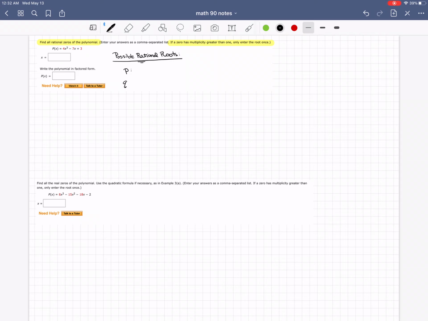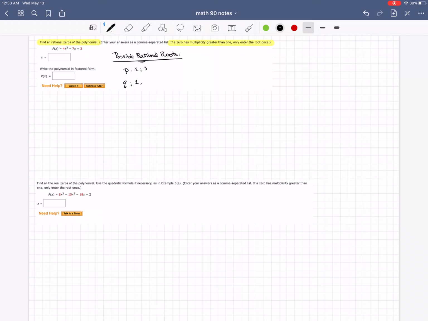So let's look at the factors of the constant. Nicely for us, that's 3, so it's prime, so the factors are just 1 and 3. For q, 4 has more than just 2 factors, but it only has 3 of them.